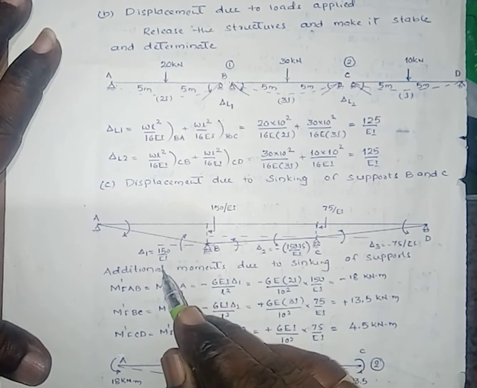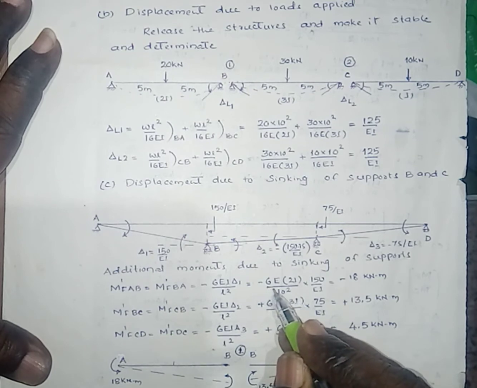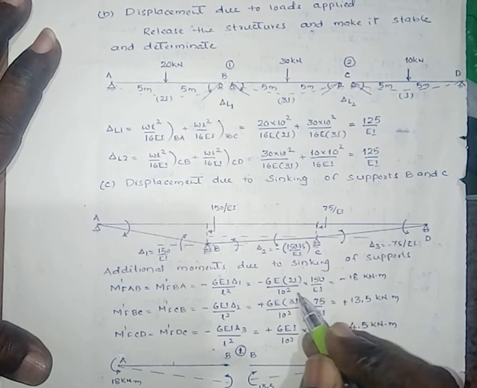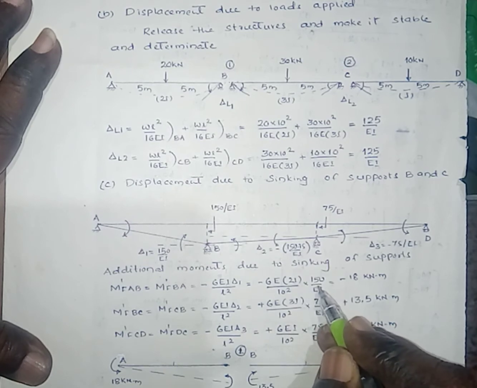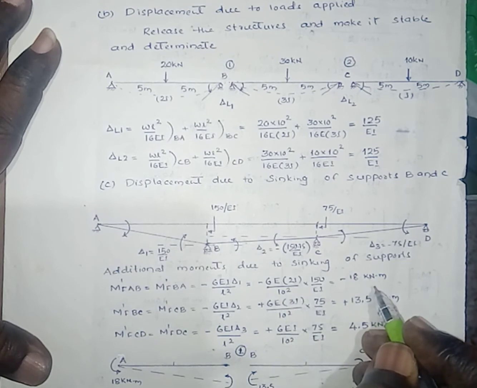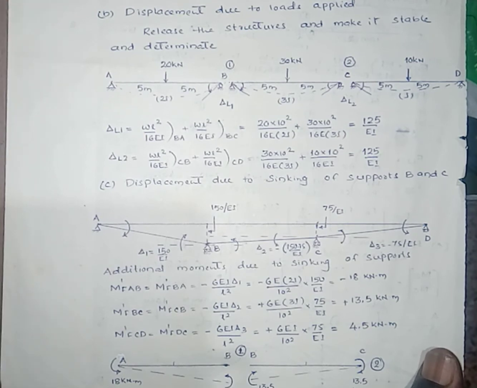Here delta 1 is 150 by EI. By substituting the values, that is minus 6E into 2I, the moment of inertia is 2I, into delta 1, that is 150 by EI divided by L square. Here you will get an additional moment of minus 18 kilonewton meter.